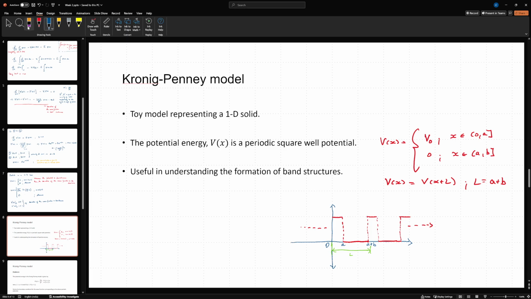I'm sorry, one small correction. So I will write this as A to A plus B, essentially starting from A and moving a distance of B. So the complete L is from 0 to A plus B, which is A plus B.